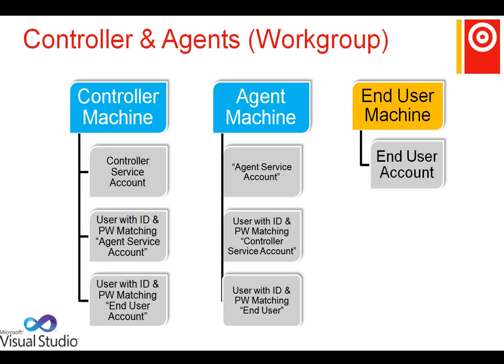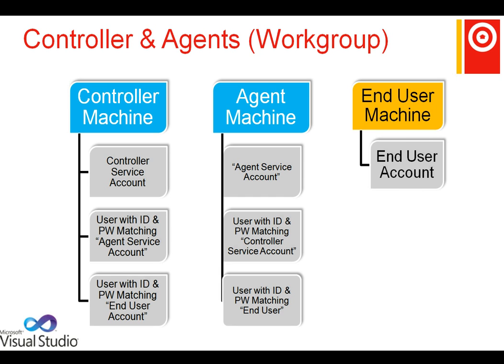Running under a workgroup is more complicated. Your controller machine needs 3 accounts setting up: a controller service account, a user ID and password matching the agent service account, and a user ID and password matching the end user account.